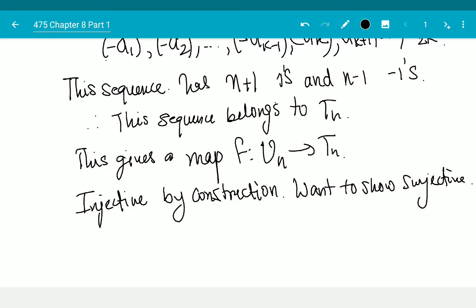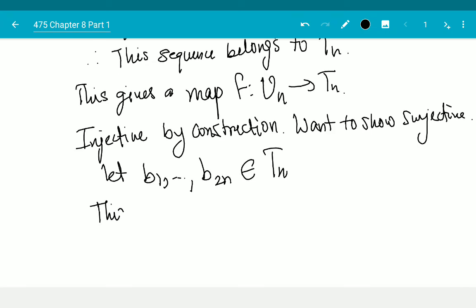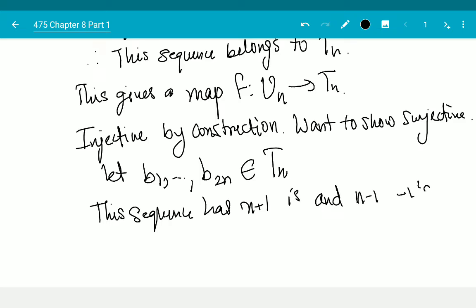Okay. So let b1, b2, ..., b_2n be a sequence in Tn, right? This sequence has n plus 1 ones and n minus 1 negative ones, right?